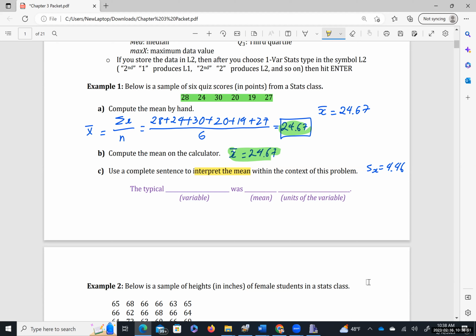So we say the typical, and typical in here is the center. The center of the quiz score. The variable here is quiz score.